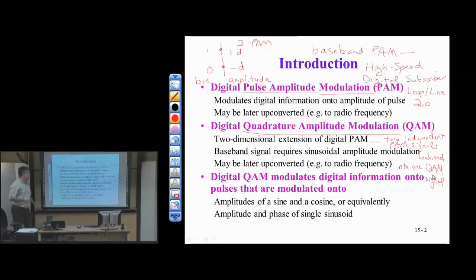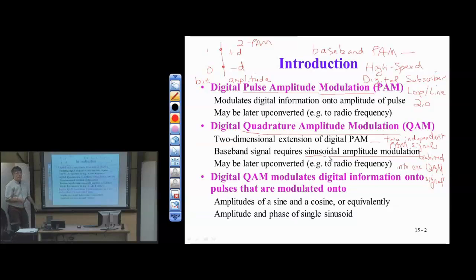And to do this, we have to have sinusoidal amplitude modulation. We have to have upconversion for this to work. Now, the good news is the sinusoidal amplitude modulation that we use for the upconversion does not have to be at a very high frequency. It does not have to be at RF.